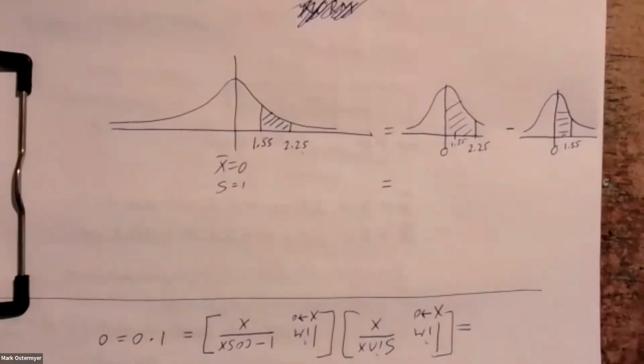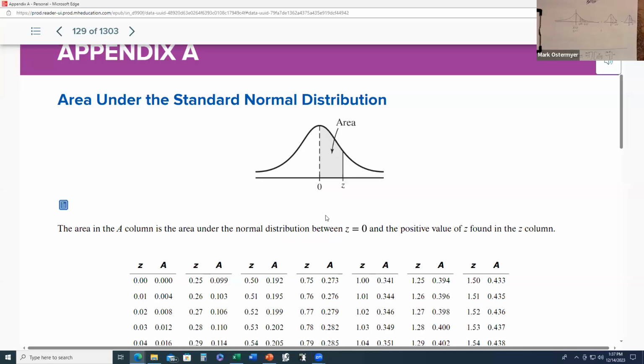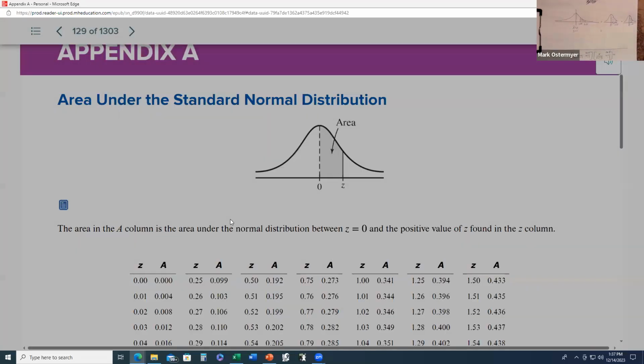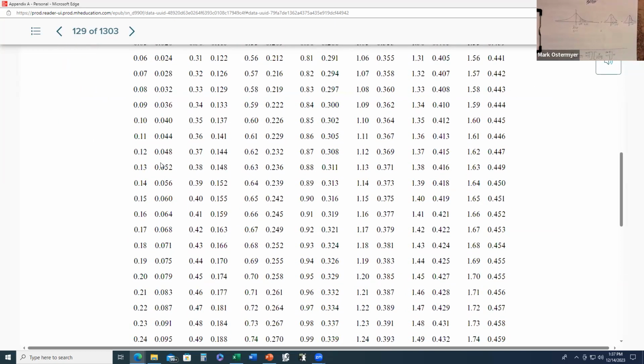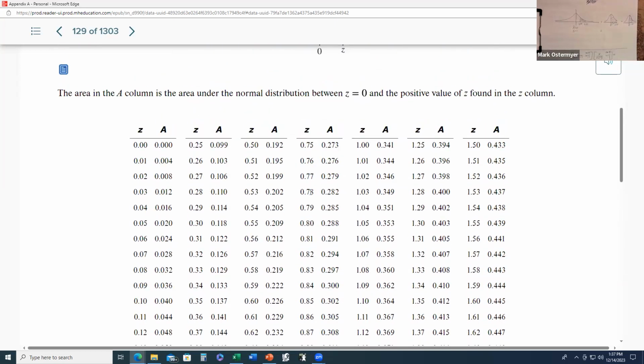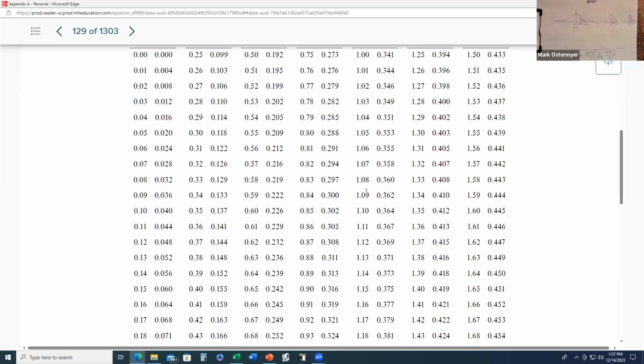So how do we find that? Our z-value is what? 2.25? Notice these are the z-values. Where's 2.25?